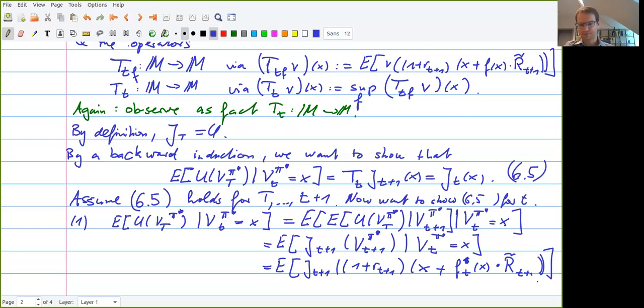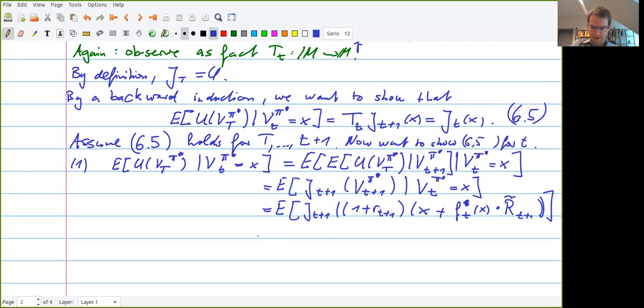All right. So what is this in terms of our definitions of the operator T? This is nothing else than T_t^F, with the decision rule F star_t, of J_{t+1} given the capital X.